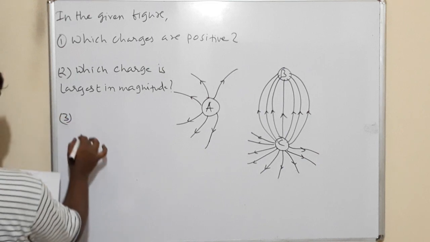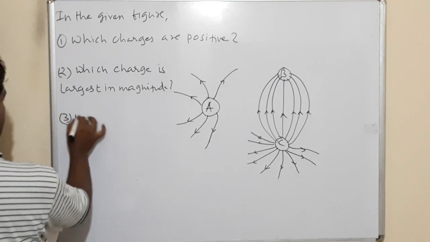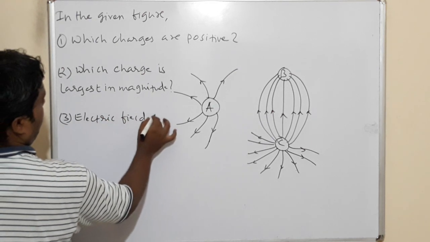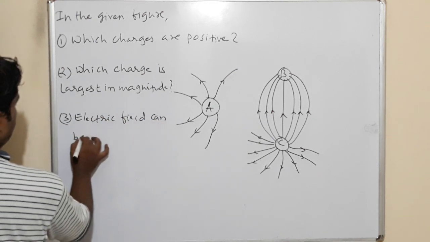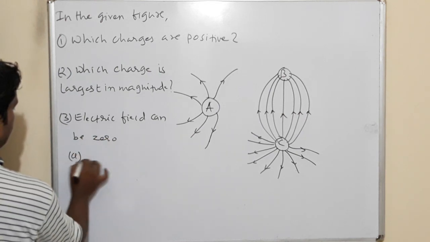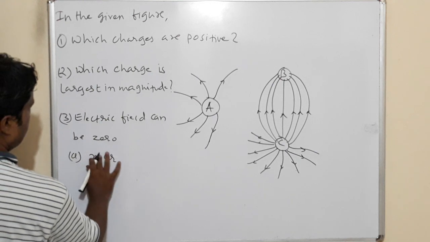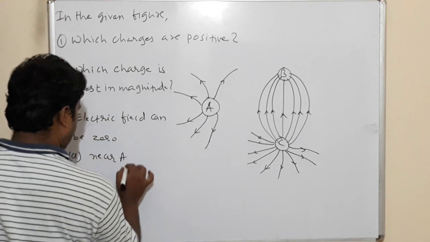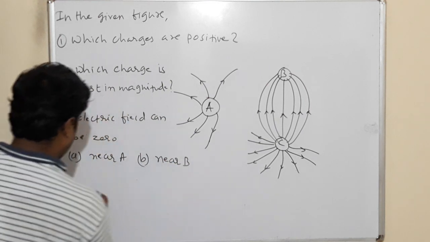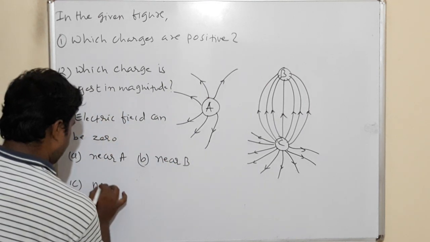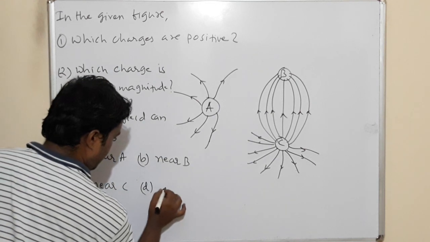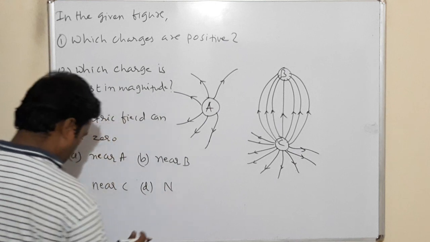Question number 3: electric field can be 0 near A, option B near B, option C near C, option D nowhere.